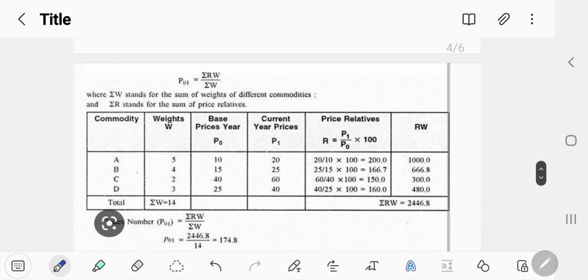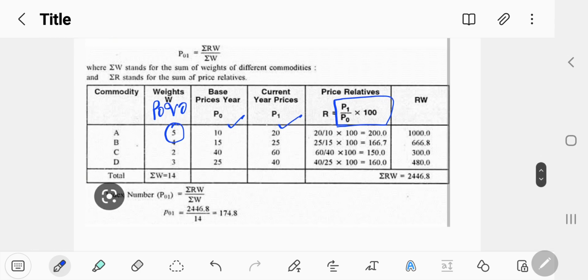As you can see here, I have been given these commodities: price of base, price of current. I'm finding the price relative, multiplying with the given weight. As I told you, if the weight is not given, then P0Q0 is taken as weight, and thereafter I am adding up sigma RW and dividing with the sum of weight in order to get the weighted average of price relative.